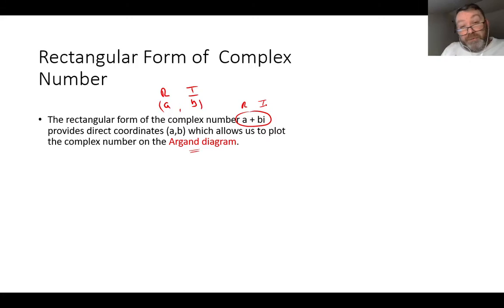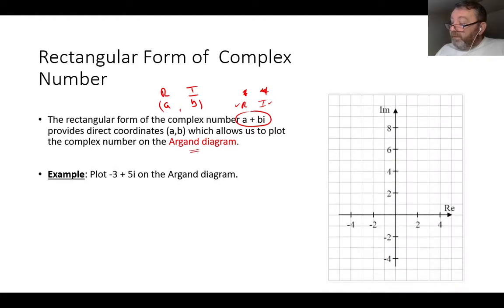In coordinate geometry, when we're dealing with points, the first part is x and the second part is y. So the x-axis is replaced by the real axis, and the y-axis is replaced by the imaginary axis. The real axis is what used to be the x-axis, and the imaginary axis is what used to be the y-axis.